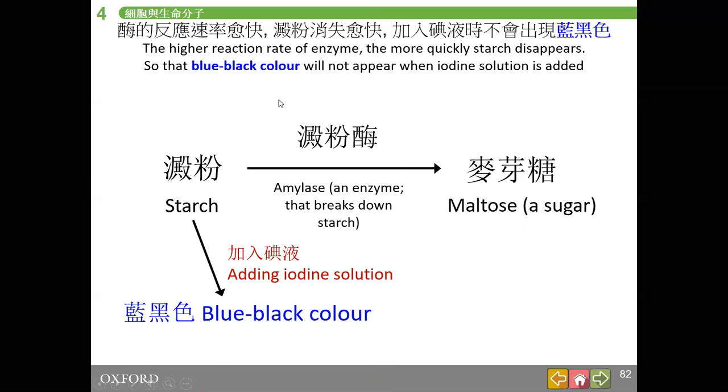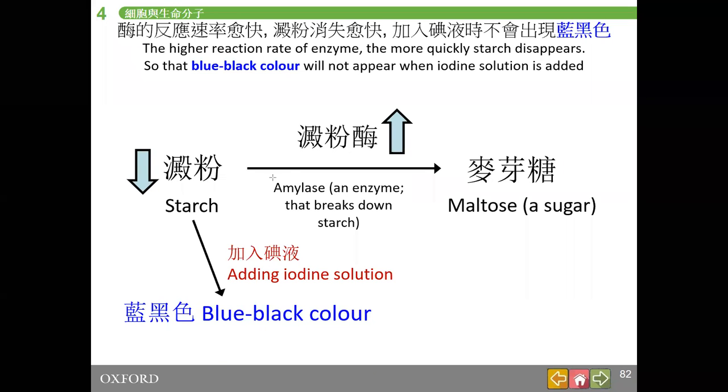So I want to say that when I have amylase, the higher the reaction rate of the enzyme. When the amylase reaction rate increases, they will consume all the starch. Starch will disappear, okay?